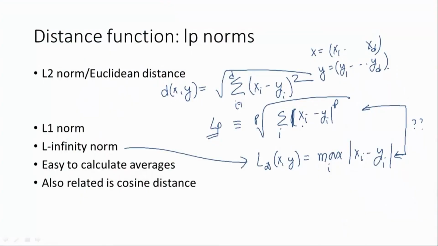So maybe what we are saying, that's a very good point. Let's say that the maximum happens at the first position, that xi minus yi, that difference is maximum at the first position, right? What I really need to do is take the limit p tends to infinity.